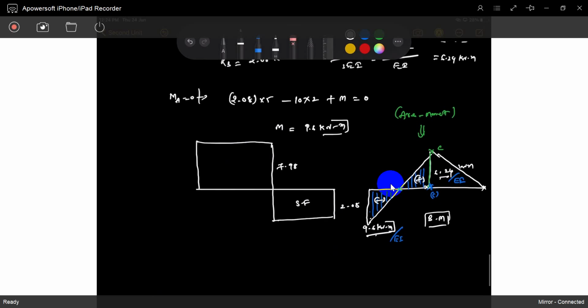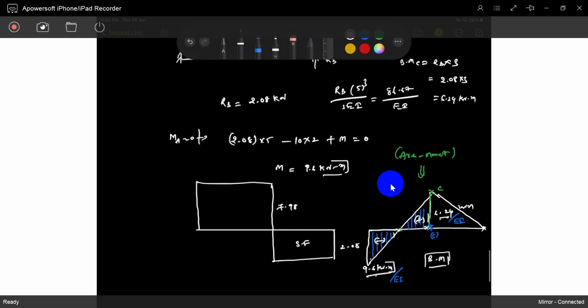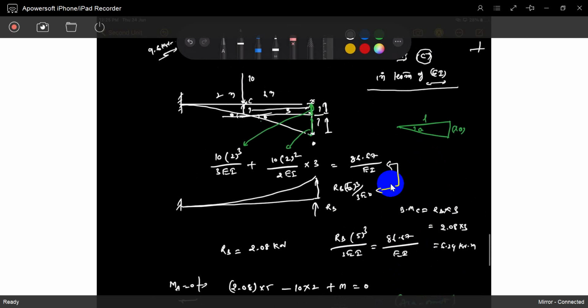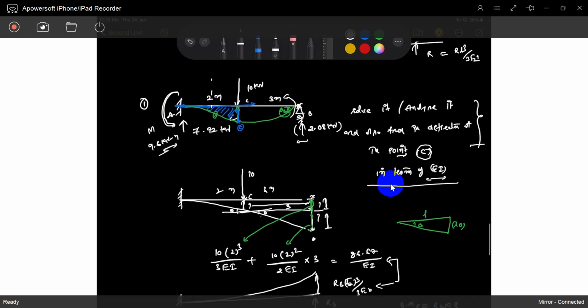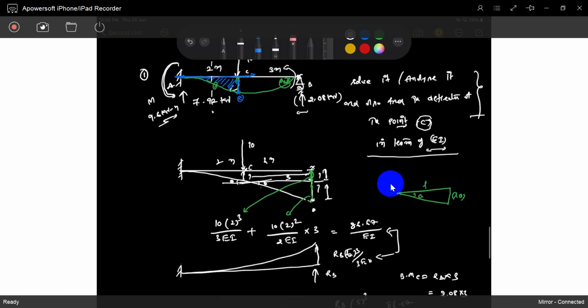So if you want to find out the moment of this area and this area, first find out the value where the bending moment is 0. Yesterday we solved it. So to draw the bending moment, write the equation at some location here, and you get where the bending moment is 0. Just write it.